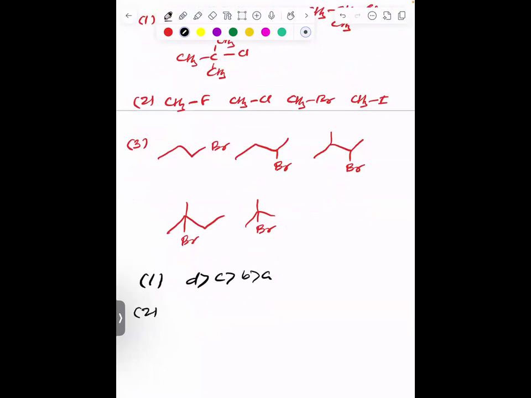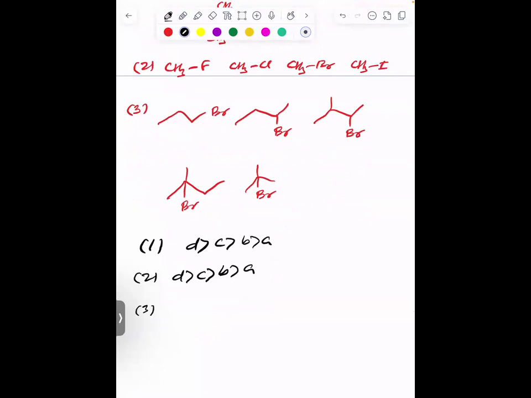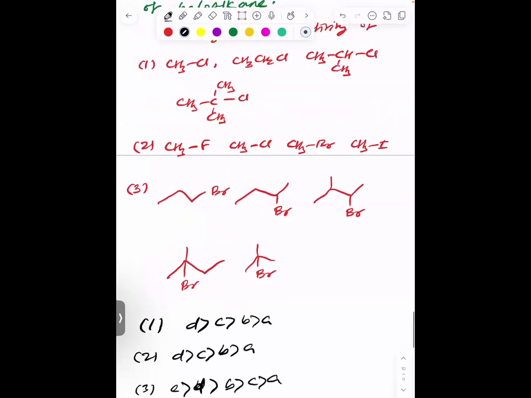Question number 2 again, D, C, B, A. And question number 3: first E, then D, then B, then C, then A. Compare with your answer. Then I am going to discuss it.